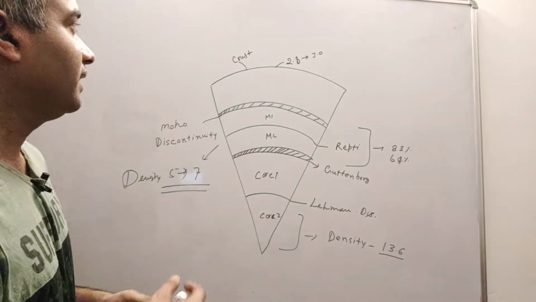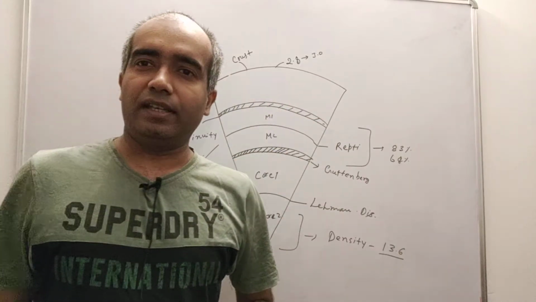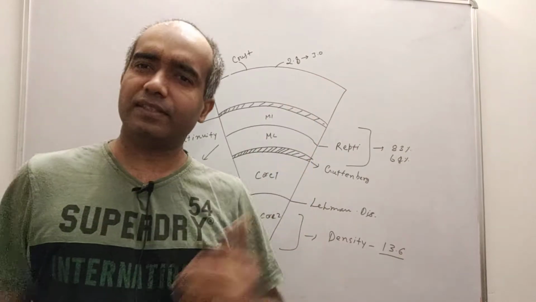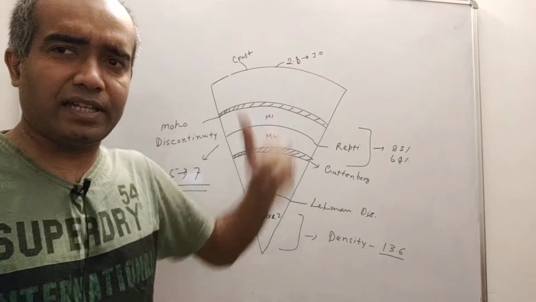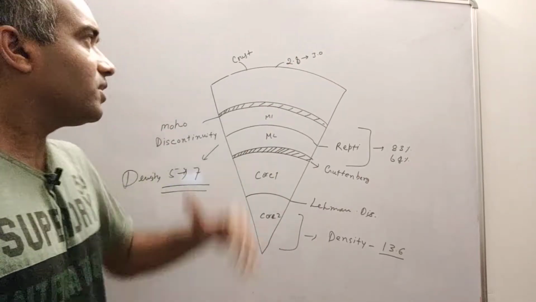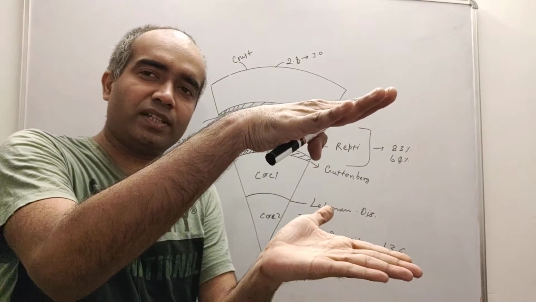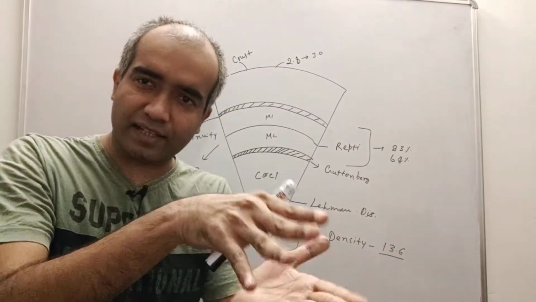Okay, so let's see. This is the topmost layer, which is called the crust, and the density of this layer is 2.823. This is the least dense layer of the earth. As you move inside, due to the weight from the top, things become more dense inside the earth.